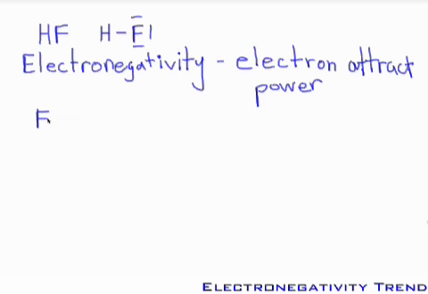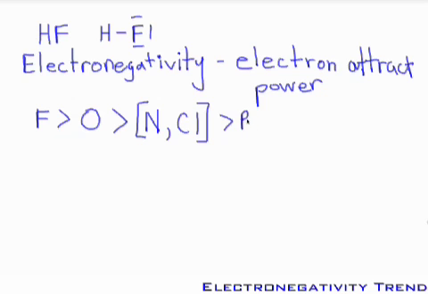Fluorine is more electronegative, greater than, oxygen, who's more electronegative than nitrogen, who is the same as chlorine. These guys are close together. Who's more electronegative than bromine, who's more electronegative than sulfur, carbon, and iodine, who are similar.